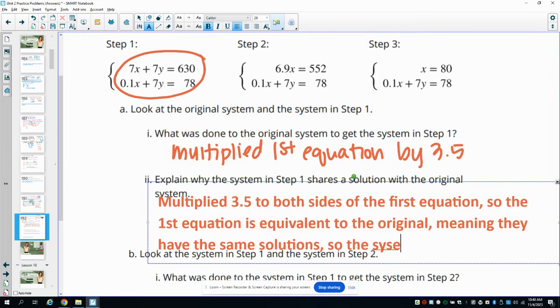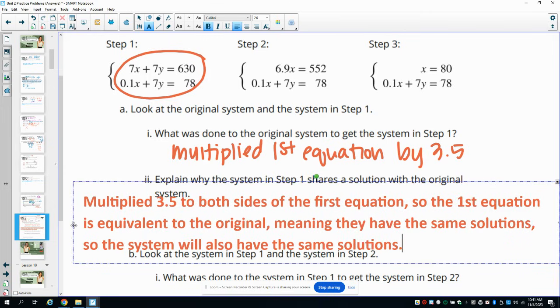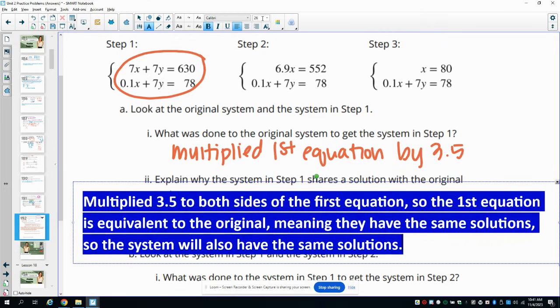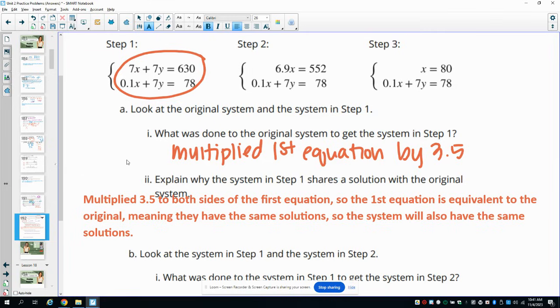So the system will also have the same solutions. So as long as you keep the equations equivalent, okay, by following legal math moves, then your solution will stay the same as well.